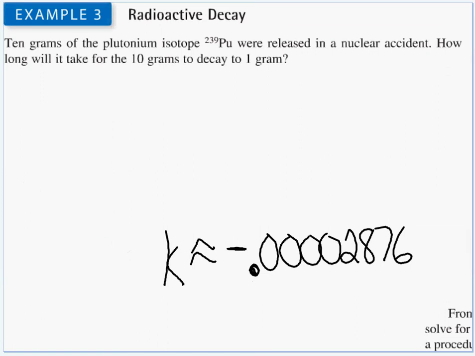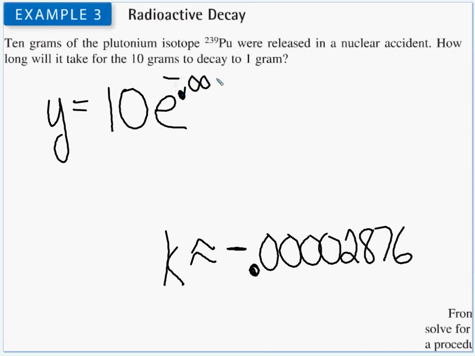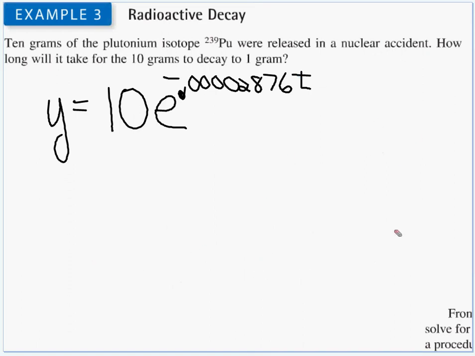So our equation, y equals ce to the kt, is now y equals 10 from our first initial condition, e to the exponent negative 0.0002876t. So we use the given information to come up with our model.